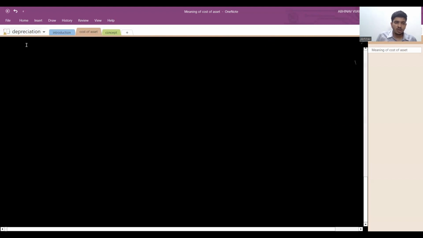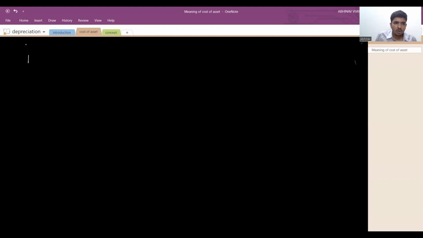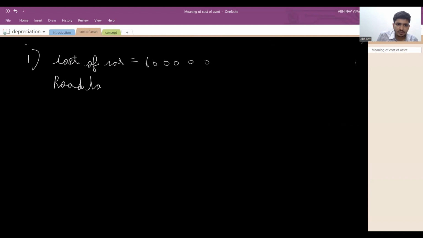Write this down. Question number 1. Cost of car 6 lakhs. Road tax. Now wait, it's a new term, but don't worry, every single term that the examiner can think of will be covered in this lecture.